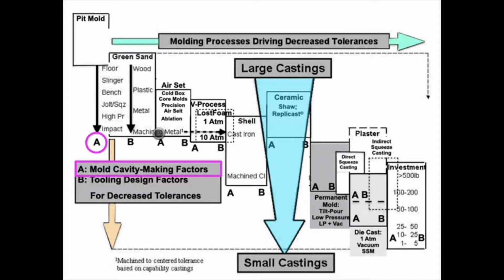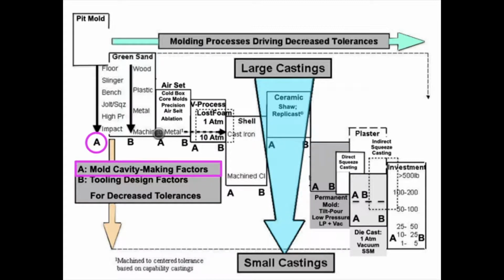So there are choices with respect to letter A and how these processes, particularly air set and investment in the case of the legacy castings that we're talking about, that metal casters have made in how their shop is capitalized and technically driven. So these are important factors in who a machine shop awardee might choose as their metal casting business partner.